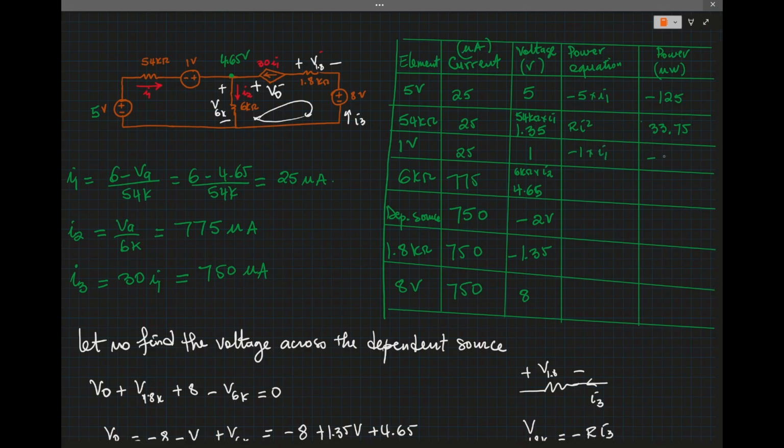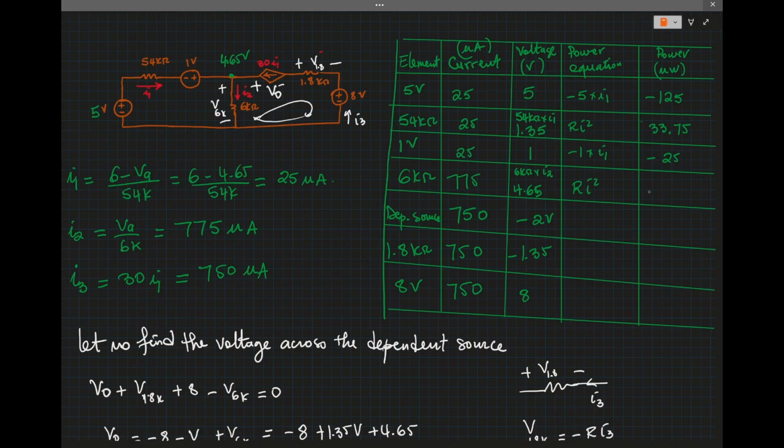So that gives me negative 25 microwatt, because the current is 25 microamps. For the 6K, it's also Ri squared, and when we follow the passive sign convention, if we use the voltage, we're going to get the same thing.